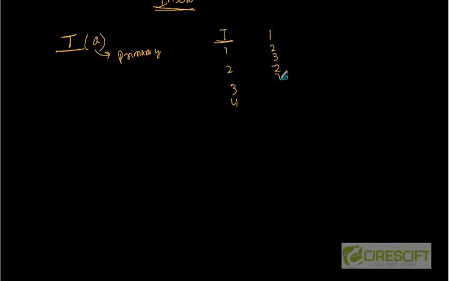Let's assume I have a table T, and this table T has a column called A, which is a primary key. That means in table T I can have 1, 2, 3, 4, but I cannot have 1, 2, 3, 2, 1 because that is duplicating.